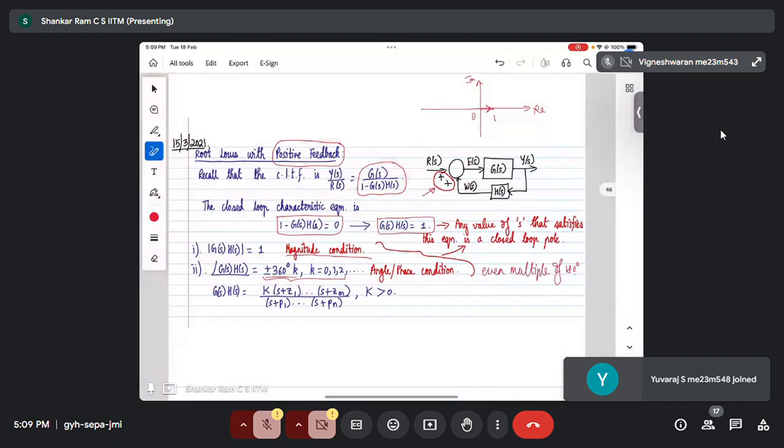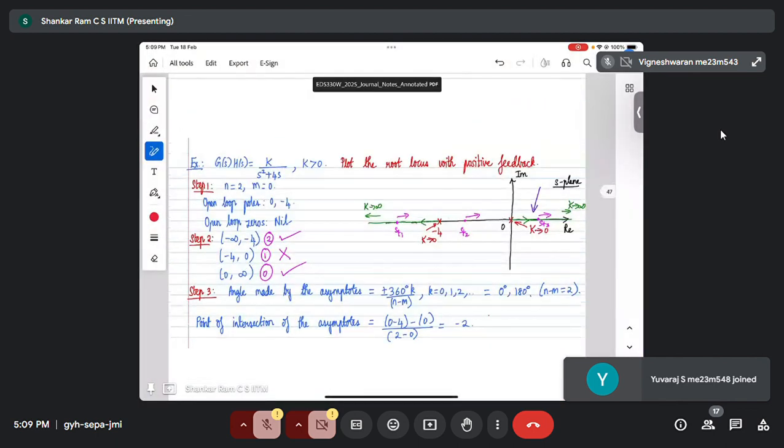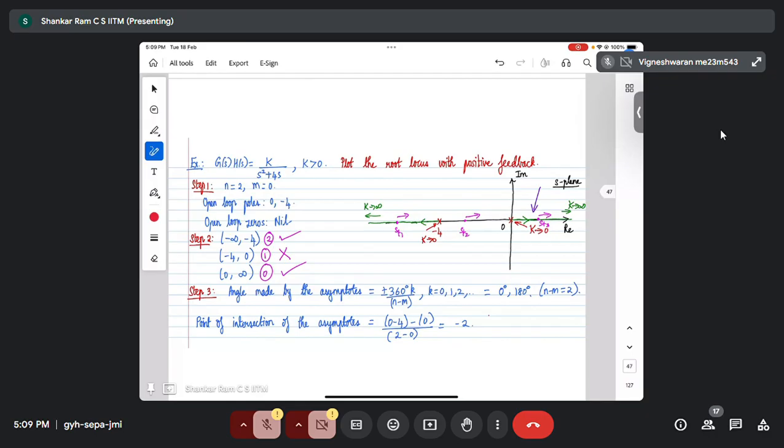So let's do an example. What we are doing is that we are going to choose the same open loop transfer function as before. If you recall, we constructed the root locus for this open loop transfer function with negative feedback and the case where k is positive. Now we are going to construct the root locus with positive feedback. Okay, so let's run through the steps.